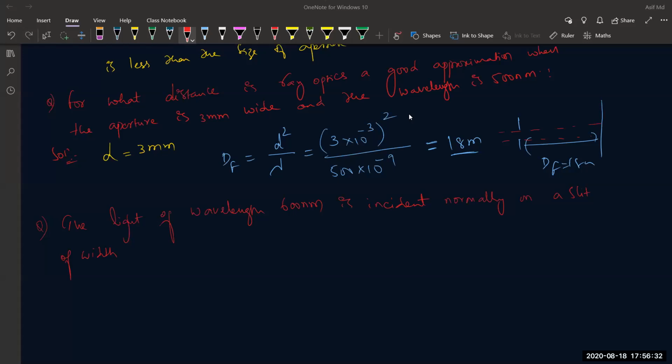Chalo. The light of wavelength 600 nanometer is incident normally on a slit of width 3 mm. Full stop.